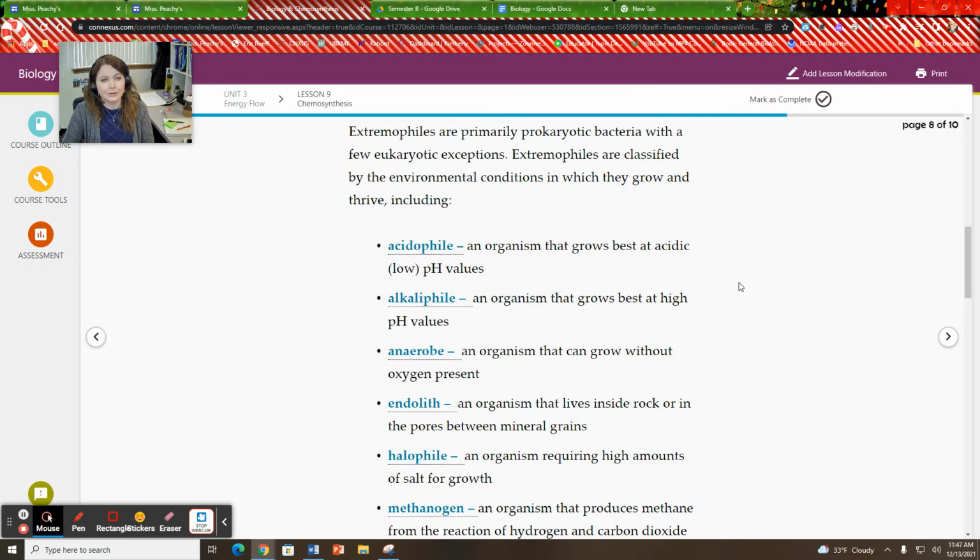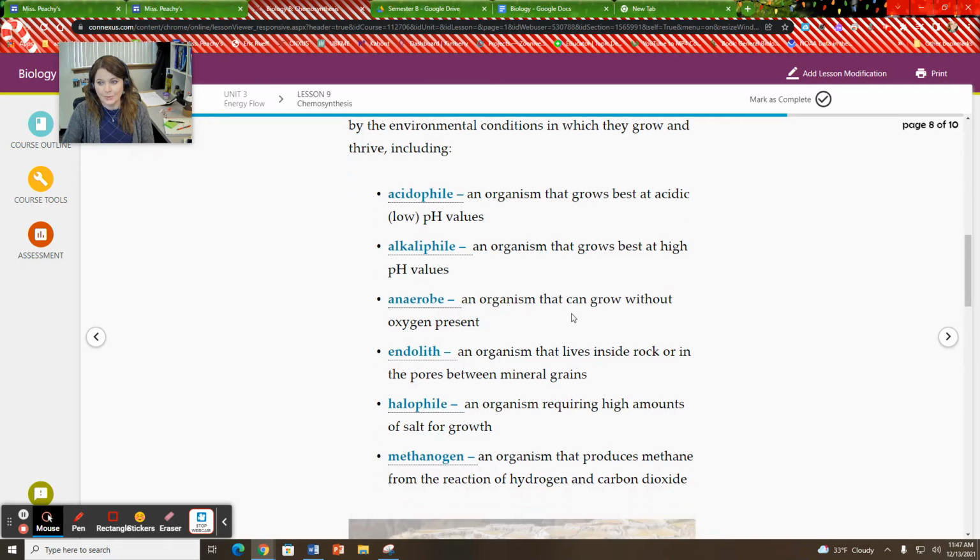Acetophile: an organism that grows best at very low pHs, so very acidic environments. Alkalophile: organisms that grow best in high pH. Normally we would associate living conditions with a neutral pH, right around 7 on the pH scale. Acetophiles would be at extremely low pHs, acid conditions, while alkalophiles would live in very basic conditions.